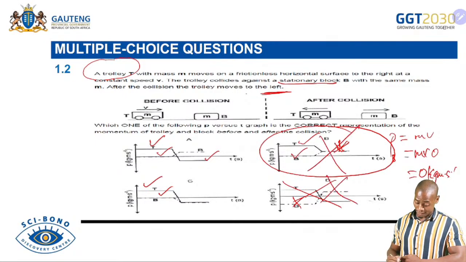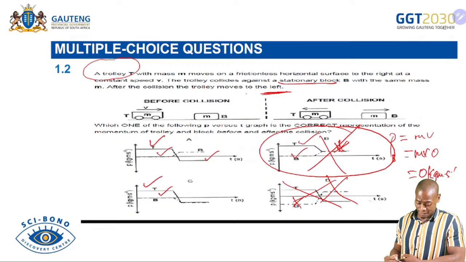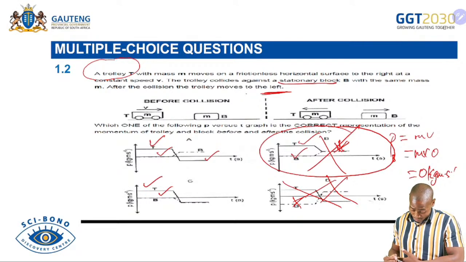Option D is also out. Why is option B out? We are told that the trolley moves to the left, so we are expecting the direction of the final momentum of the trolley to be left.